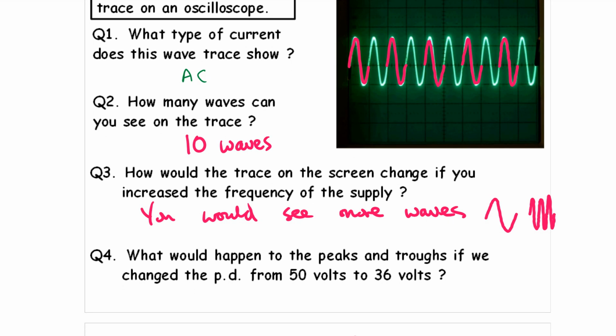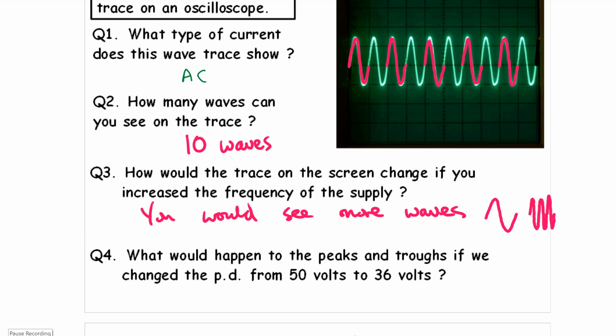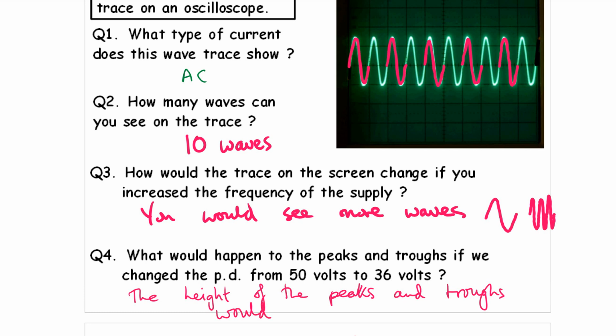And the final section of this, what would happen to the peaks and the troughs if we were to change the PD, the voltage, from 50 volts to 36 volts? The height of the peaks and troughs would decrease.